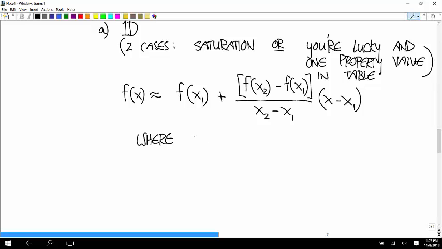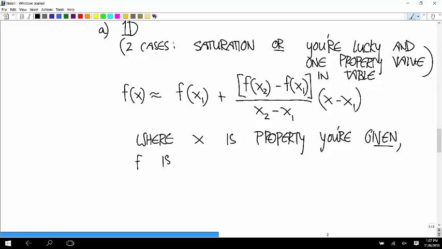Where the x's are the property that you're given, and f is the property that you want.